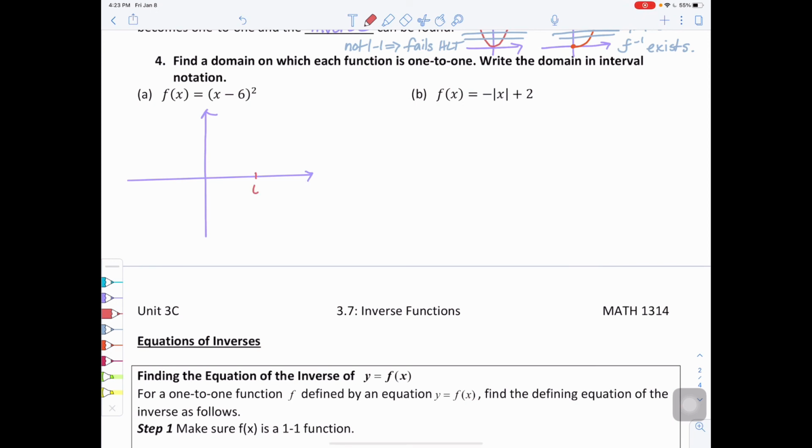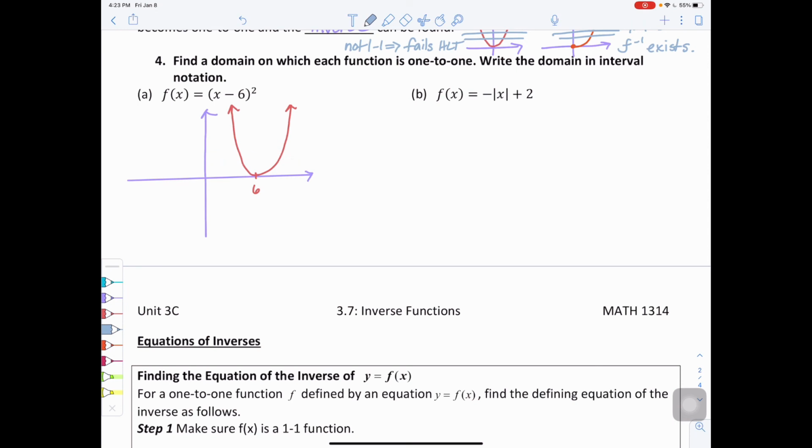So at x equal to 6, and you can put this in your calculator if you want to. This is the graph of x minus 6 all squared, and clearly this is not one-to-one.